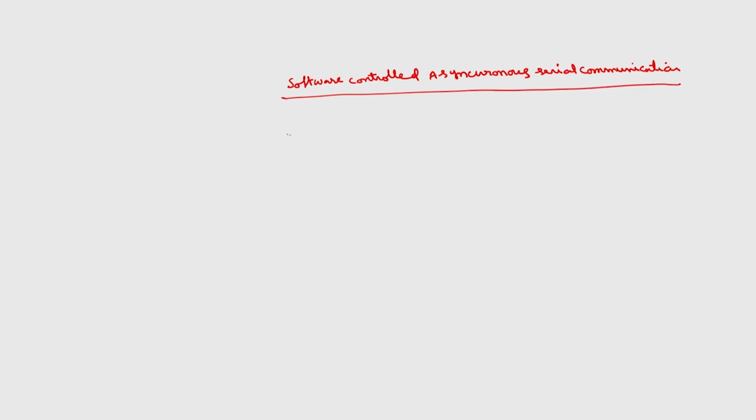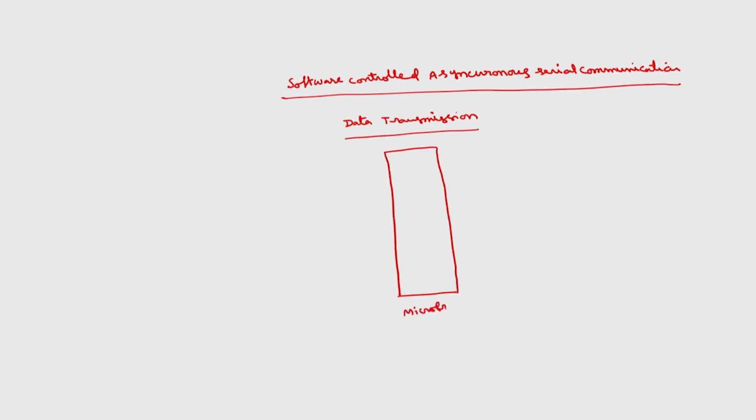In the case of software, we will use the microcomputer here. If I take data transmission, we have the microcomputer or the microprocessor, and we are going to use the accumulator or any other register.